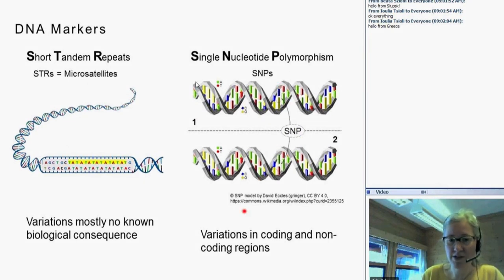And these kinds of variations can be in coding and non-coding regions, with the consequences that I already told. So sometimes a SNP codes for different amino acids, and sometimes it's in a non-coding region, so it doesn't have any apparent biological function. And these two markers we utilize most, or I utilize most in my research.